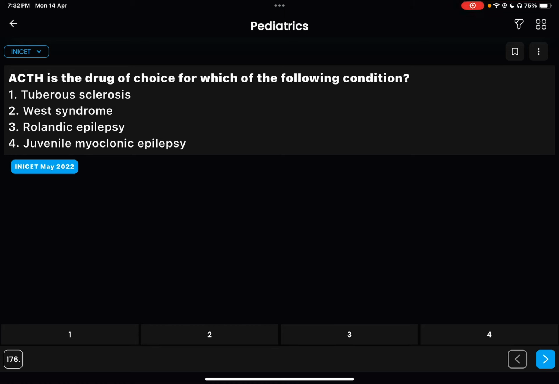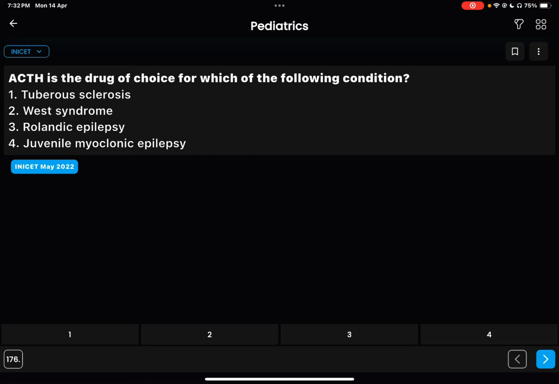ACTH. So, ACTH is given because the epilepsy is related to corticotropin releasing hormone.